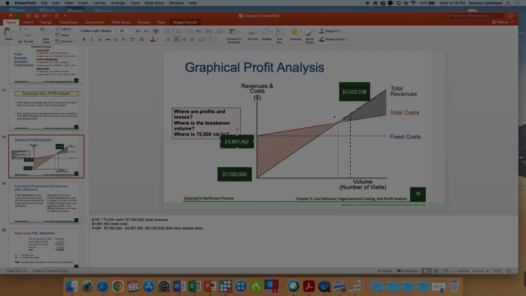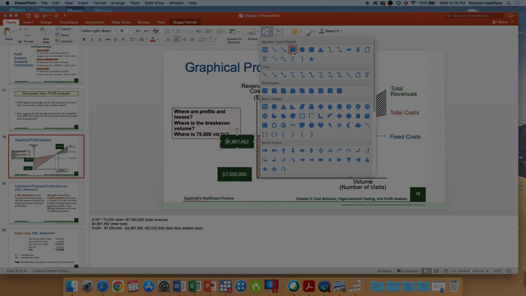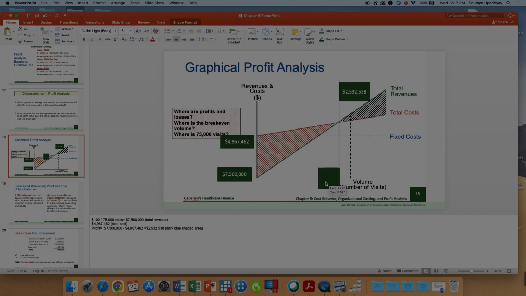Now, where is the break even volume? The break even volume is this, and that is 69,000 visits, and that is over here. Let me put another box right here, and we will call it the break even volume.